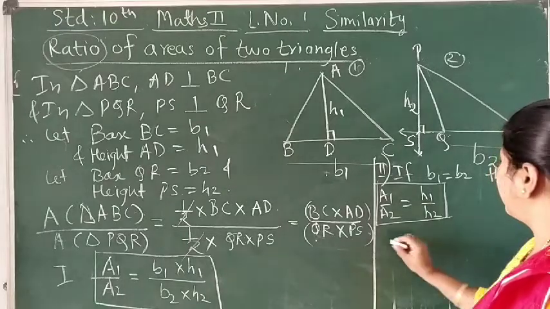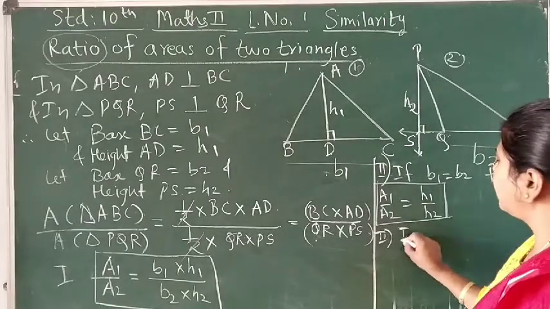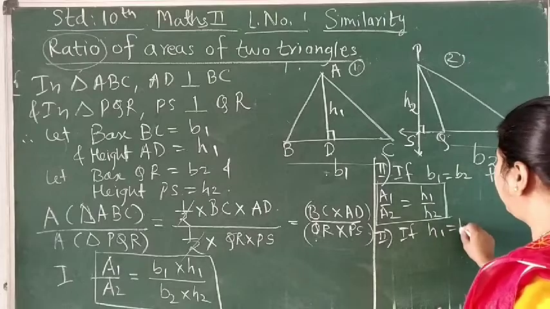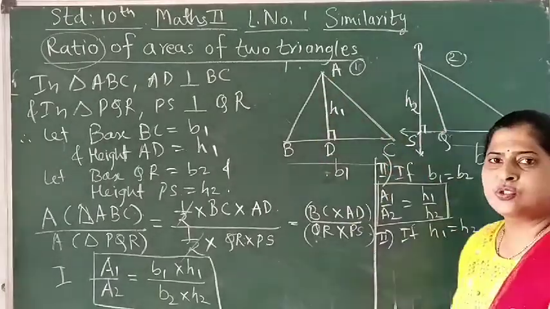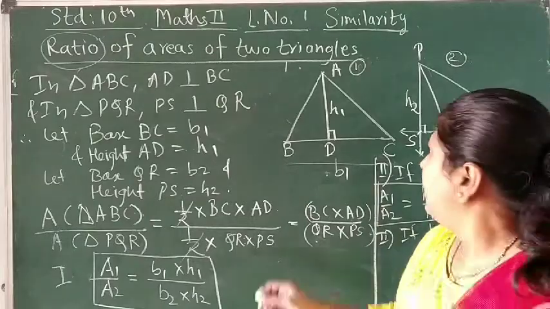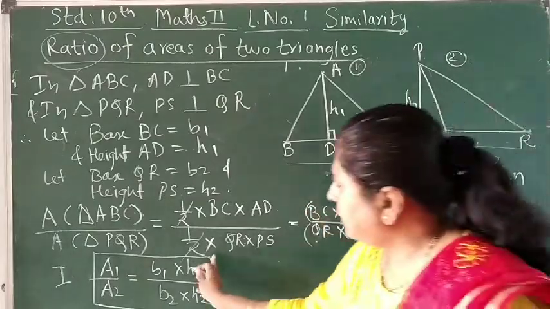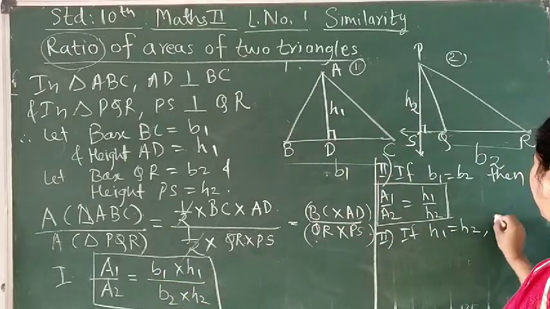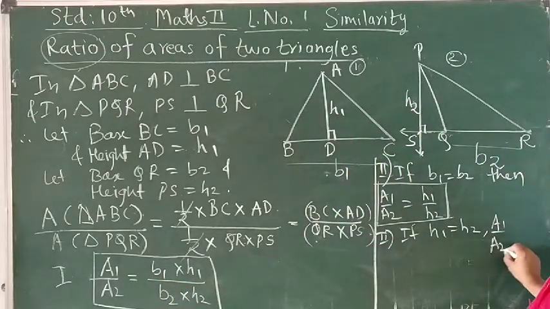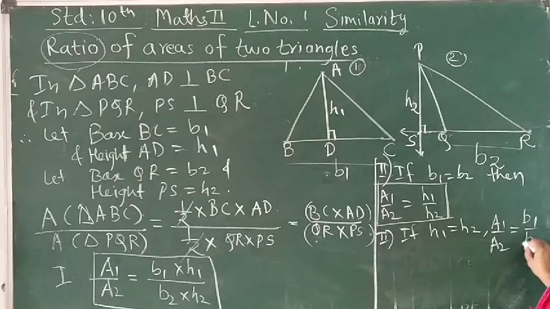Now the third property is what? If heights are the same, if H1 and H2 are equal, say if the length of AD and the length of PS, these two heights are equal, what will happen? Now when heights are equal, the heights will get cancelled and it will remain that A1 upon A2, that is the ratio of areas of two triangles, will be equal to B1 upon B2.